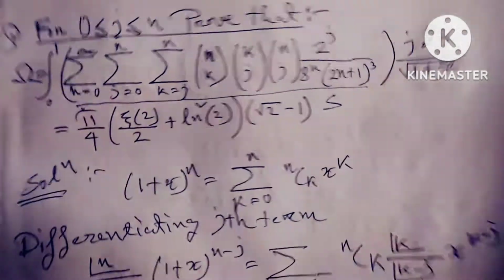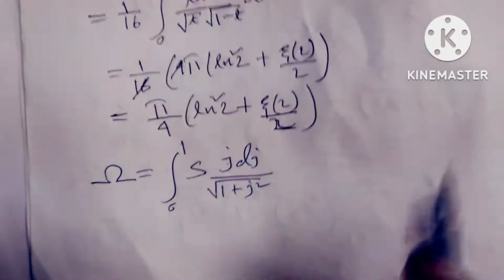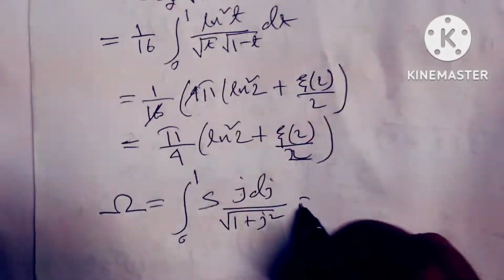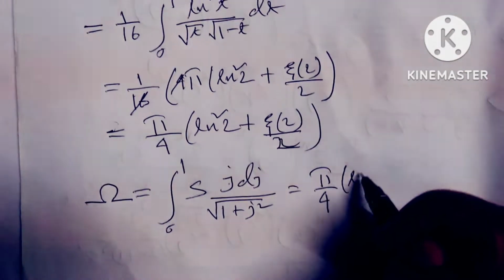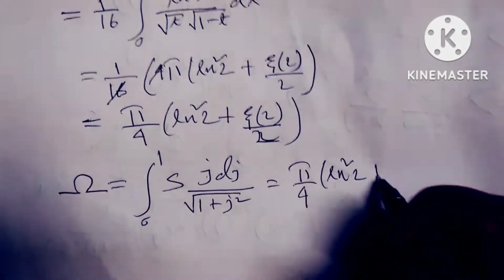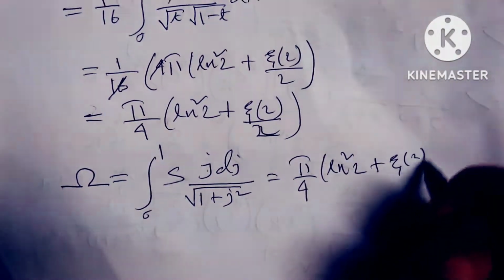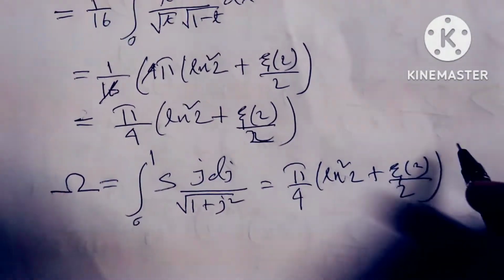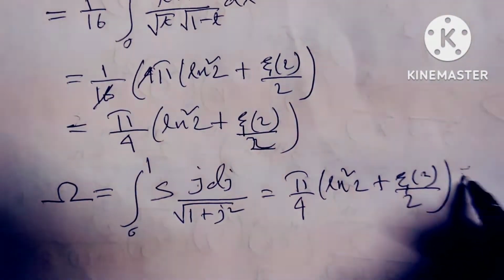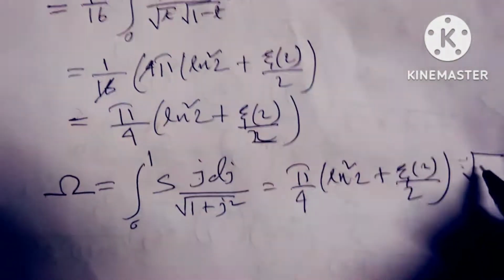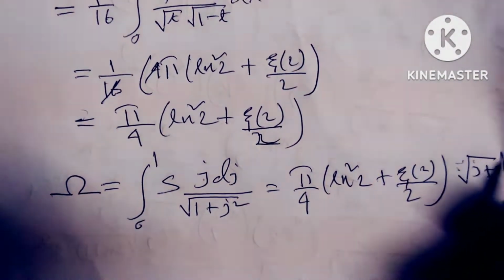So this is my omega, and after that I just put the value pi by 4 ln square 2 plus zeta 2 divided by 2 into the integration value, which is root of j square plus 1 from 0 to 1.